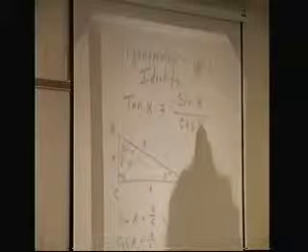All we need to do is take the sine of A and divide it by the cosine of A. Try it. Take the sine of A. Well, I'm just going to put a little arrow.